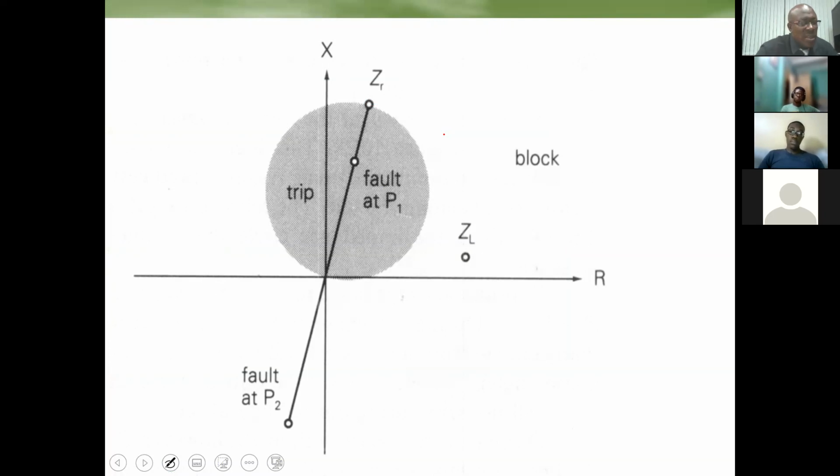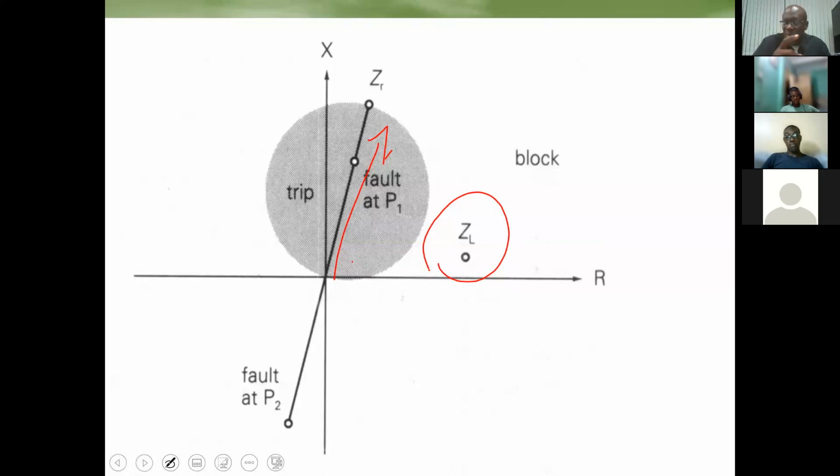So note, it is looking along the line. Yes, it is looking in one direction, but now the load impedance falls outside of that. So it will not trip because it is measuring the load impedance. All right, it will only trip when the impedance of the line, whose characteristic is that it is more inductive than resistive.